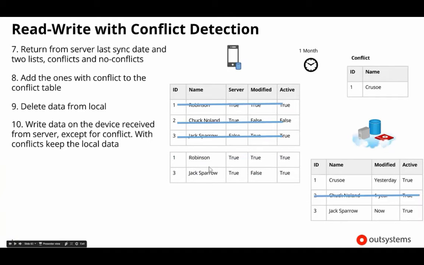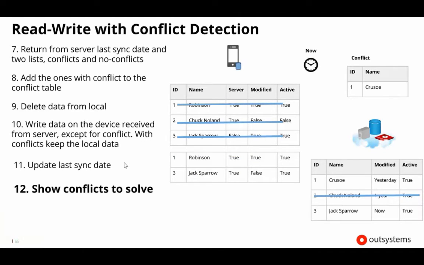So we won't change anything because there's a conflict that needs to be addressed. Then we're going to update the last sync date to now because this is what we've done. So we've synced, and now a very important part: showing the conflicts to solve. Right now, we have information on the device that is not synced with the server. There's a conflict here, and we need to solve it.